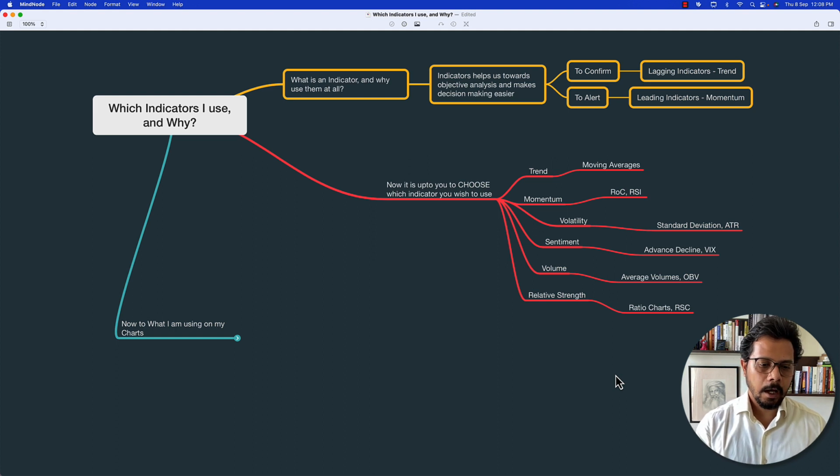We can check, let's say, how Nifty is doing vis-a-vis the dollar, how the banking sector is doing vis-a-vis the Nifty, how, let's say, ICICI Bank is doing vis-a-vis HDFC Bank. So one can create ratio charts and do that. And there is the relative strength comparison.